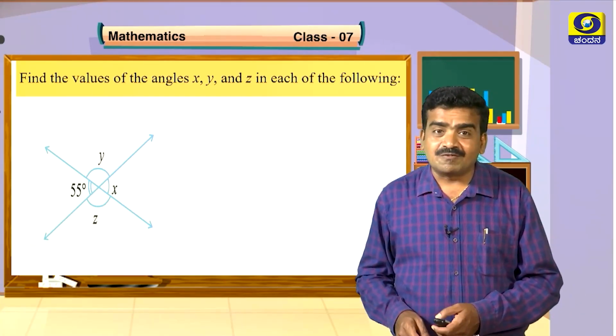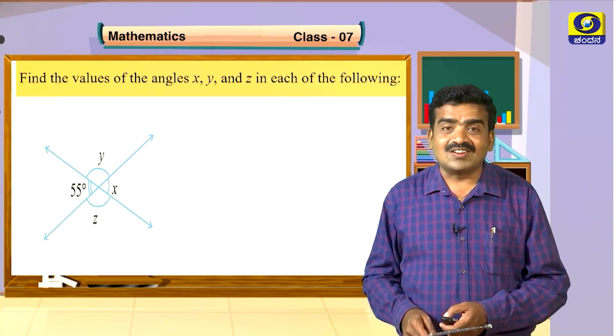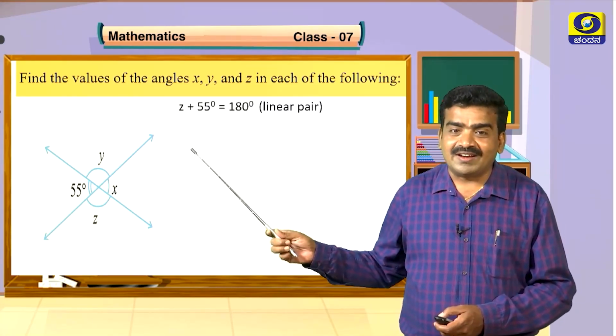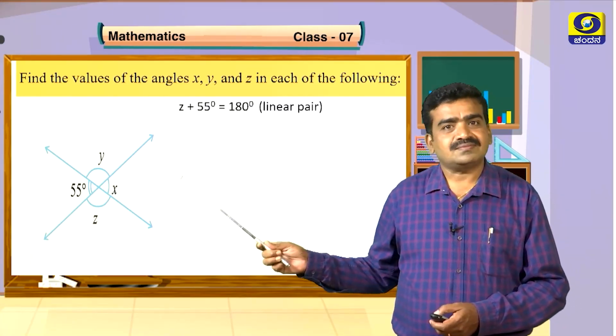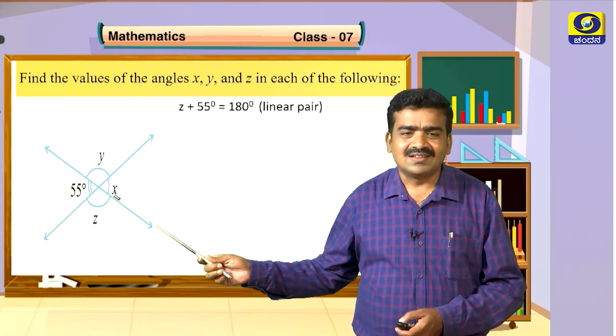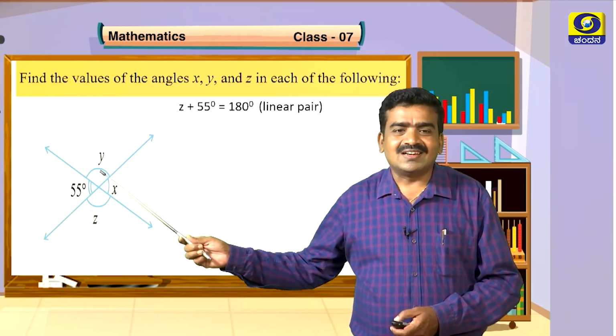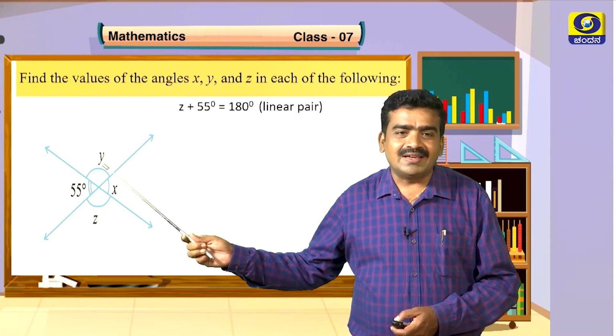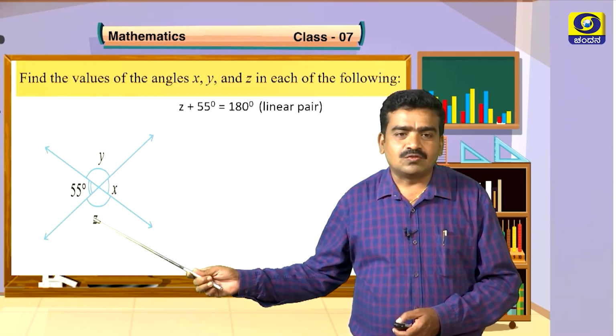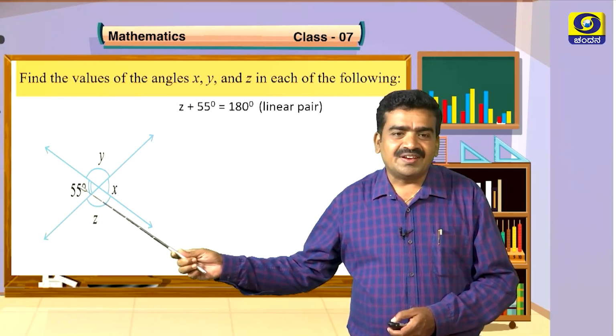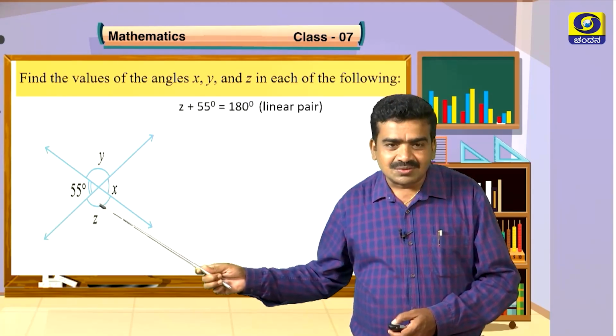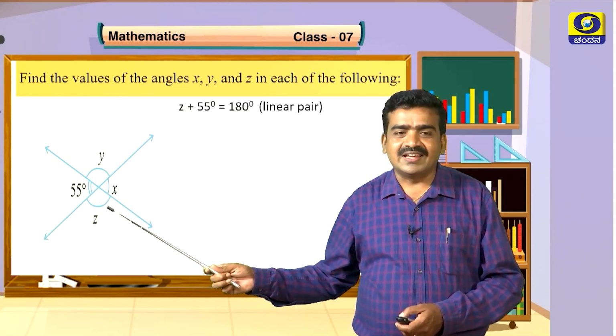Yes, what is the measure of x? Yes, exactly, you are right. It is 55 degrees because it is a vertically opposite angle. So, before writing this, let us find angle y or angle z. To find angle z, we need to take these two as a linear pair.